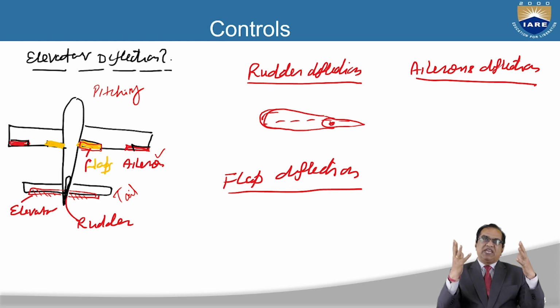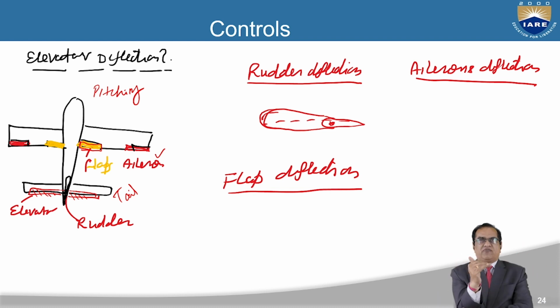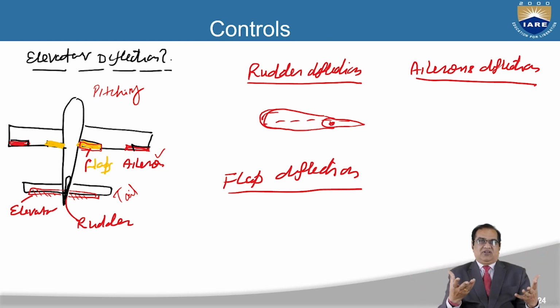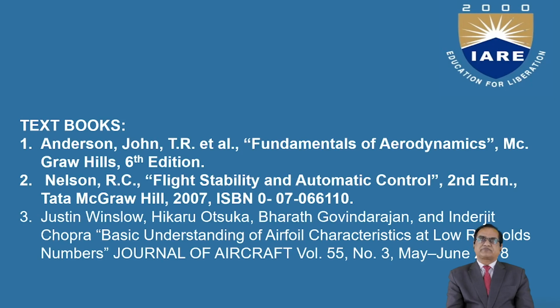During takeoff we go for a limited flap deflection, not more than 20 degrees, but during landing we can go up to 30 to 35 degrees of deflection. As you increase it more, it will stall and more drag will be generated. So these flaps are used during landing and takeoff. During takeoff it is to increase the lift, and during landing it is to increase the drag. So that is the purpose of this.